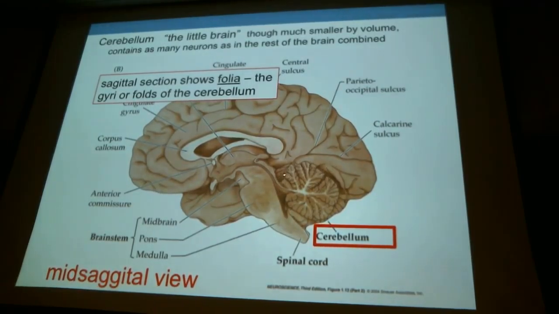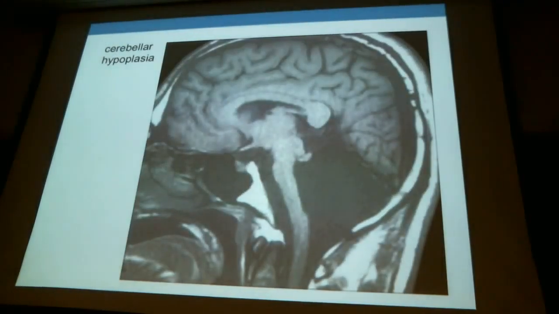You can see that you have this sort of folding. So just like the cerebral cortex, you have these very dense folds in the layered structure of the cerebellum. Okay, and these are known as folia in the cerebellum.